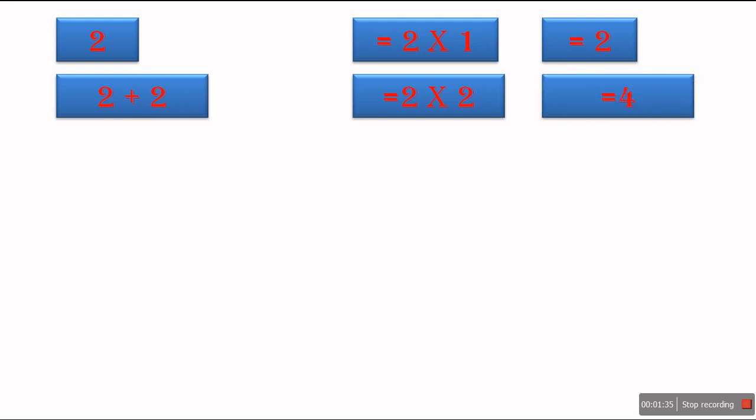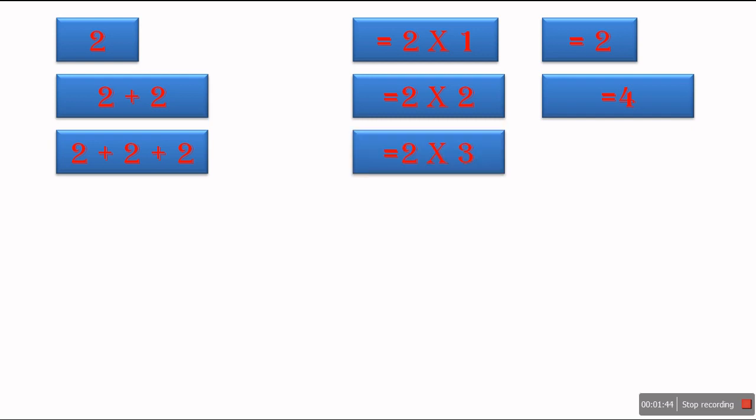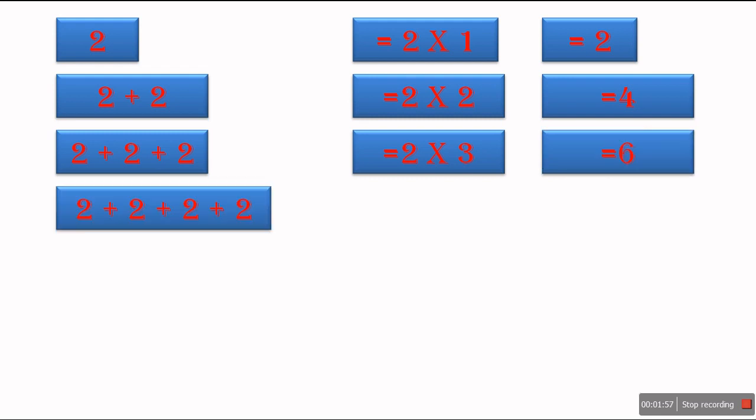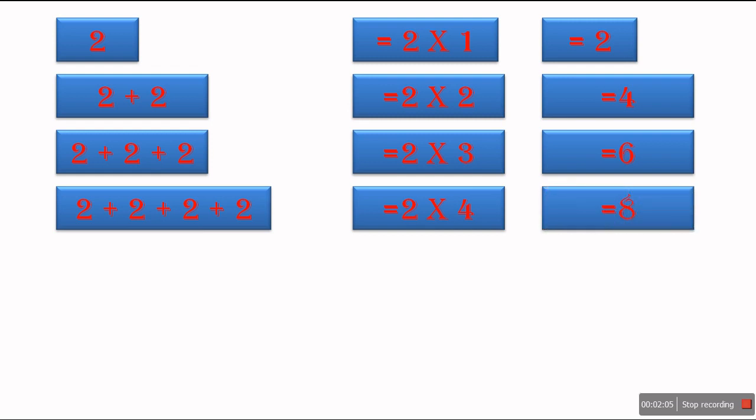2 plus 2, 4. Now 2 is added 3 times: 2 plus 2 plus 2. It is the same thing as 2 multiplied by 3, because multiplication is nothing but repeated addition. So the answer will be 6. Next, 2 plus 2 plus 2 plus 2 means 2 is added 4 times, 2 into 4, that is 8.